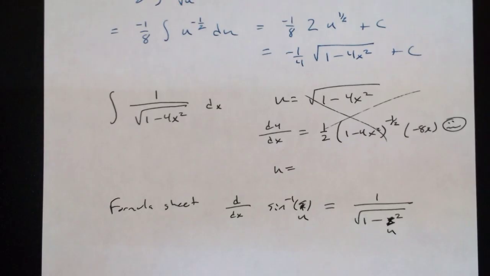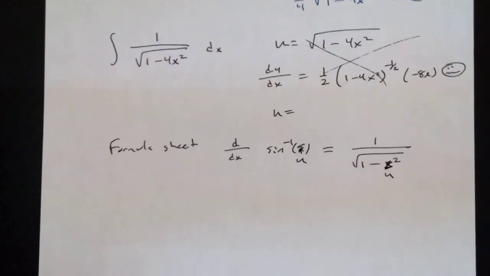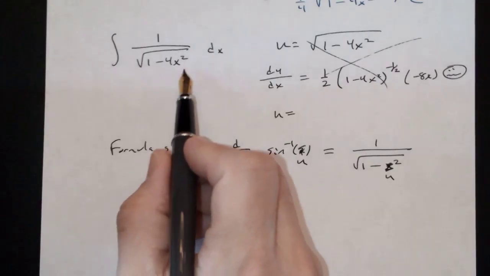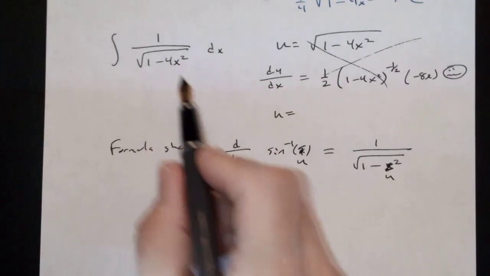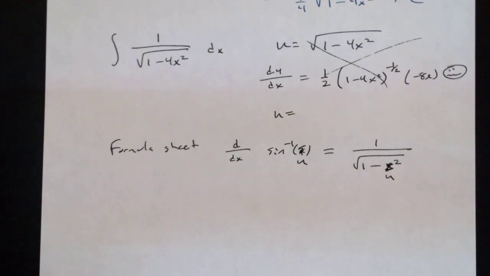I'm going to change letters. Big deal? No, because now I'm going to try and use that to do a u substitution. I think I can make this work if I let this thing be u squared.